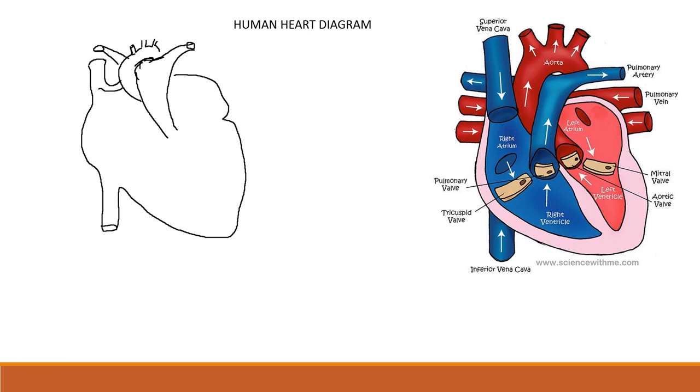Now the inner part, this is our right ventricle that I'm drawing, right? This is a tricuspid valve, or you can say atrioventricular valve. Okay, now I will be drawing here.